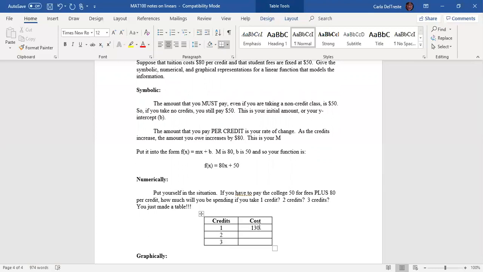If I take a 2-credit class, I'm going to owe them 2 times $80. So that's $160 plus $50. So that's going to be $210. If I take a 3-credit class, that's 3 times the $80 per credit, which is $240 plus the $50, so that's $290.